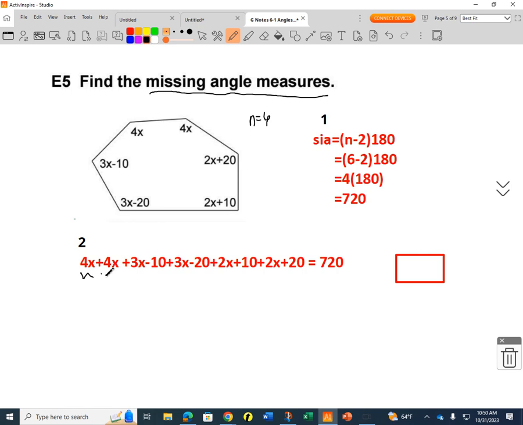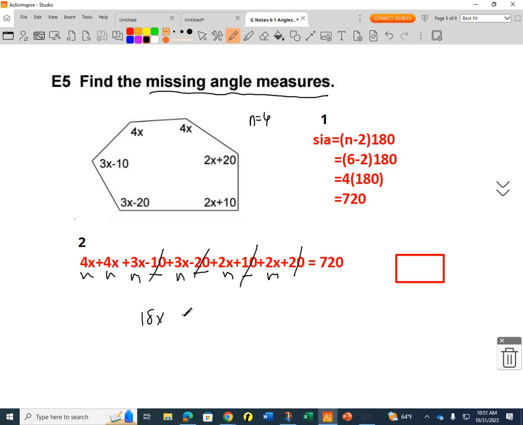Just going to go through and combine like terms. And that's 18x. Go through and combine the constants. Negative 10 plus positive 10, well, that's 0. Negative 20 plus positive 20, also 0.